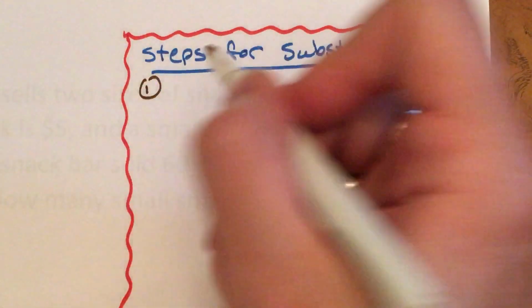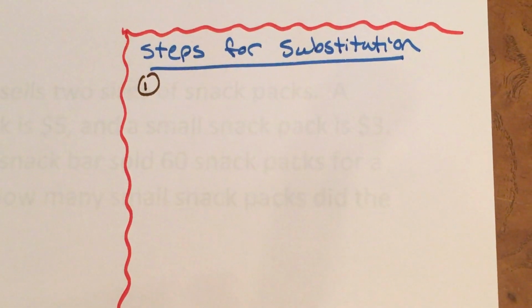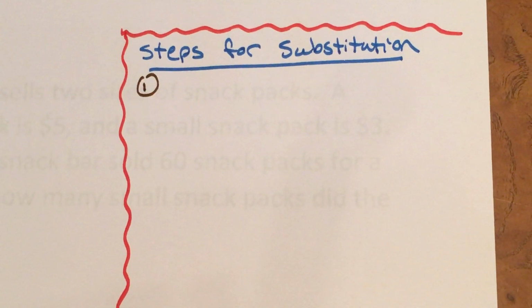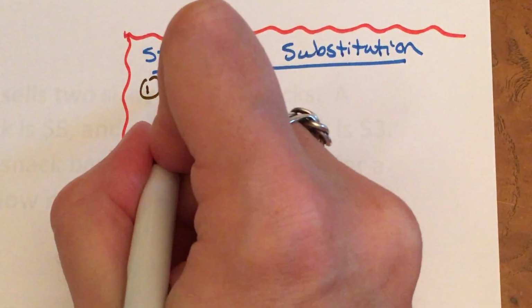The first thing that we're going to do is we are going to look for one of our equations to be already solved for a variable. That's where we want to start.